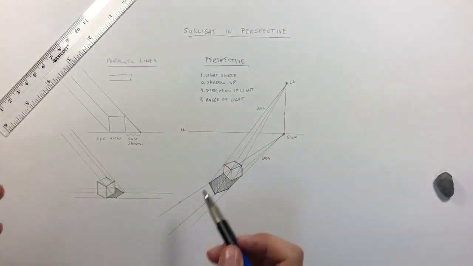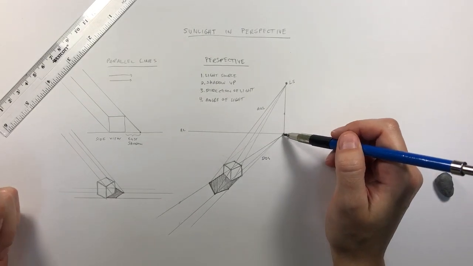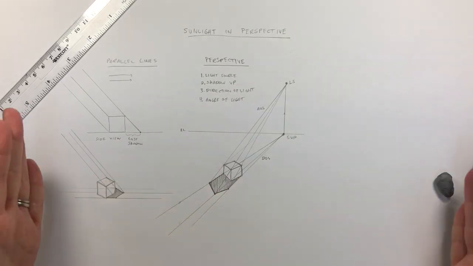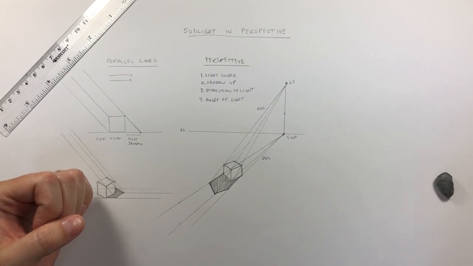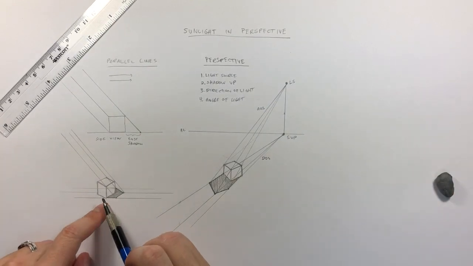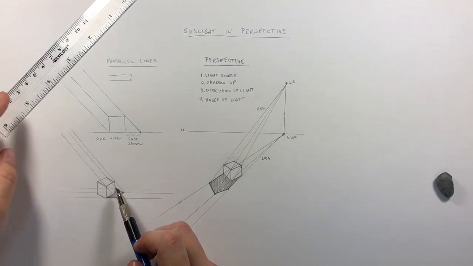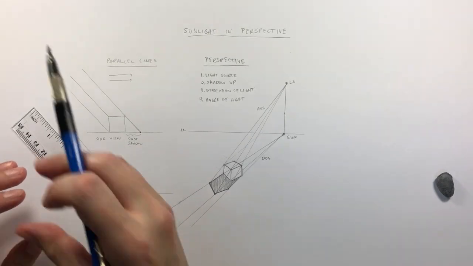Now, the only time we don't need to do all this, find the light source and the shadow vanishing point, is if the sun is coming directly from the side of us, from either left or right side. If it is perfectly perpendicular with us on the side, and that's when we get this. This is exactly what this was. The sun was coming from the side, and because we're looking at it from the side, the sunbeams aren't converging back.